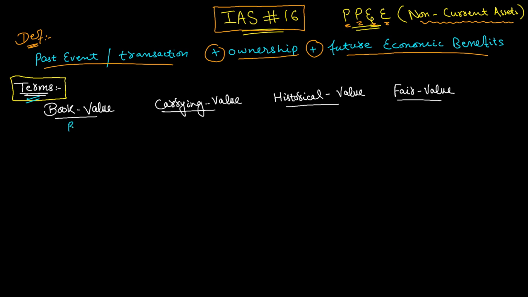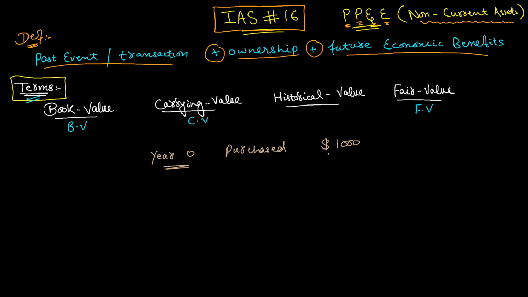First of all, we have book value, then carrying value, after which we have historical value, and finally fair value. Let's say for example you have purchased an asset in year 0 and its cost was, let's say, $1,000.